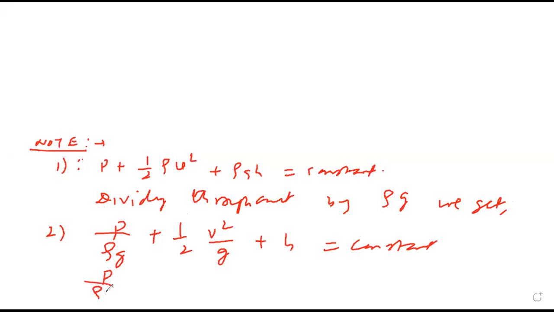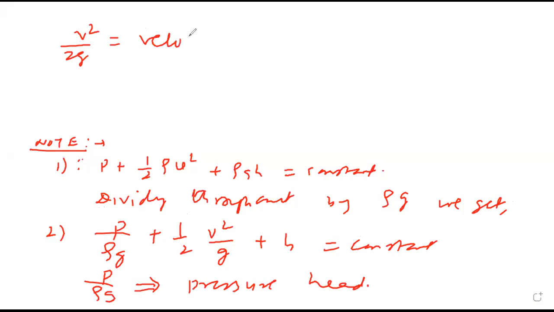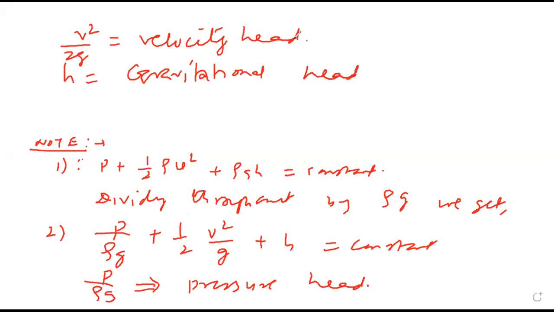Here P upon rho G is called pressure head and V square upon 2G is called velocity head. H is called gravitational head. So only important due to this different name assigned to different variables. So if they say find velocity head, indirectly you have to find V square upon 2G. Copy this point again.